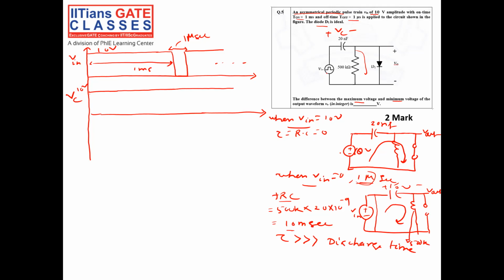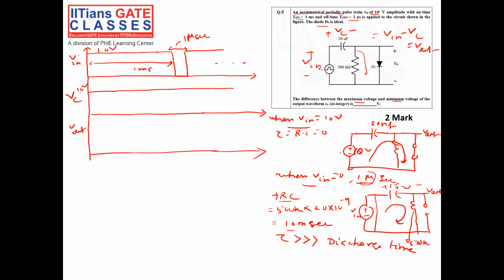V out is nothing but V in minus Vc. Let's plot it. V in is this one, Vc is this one.